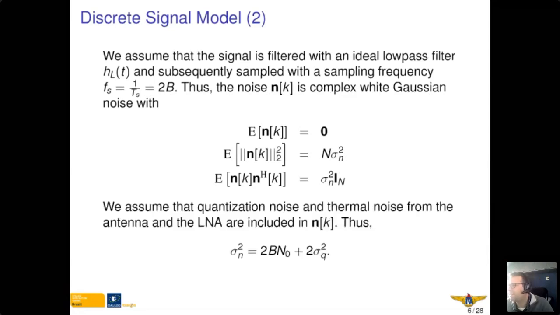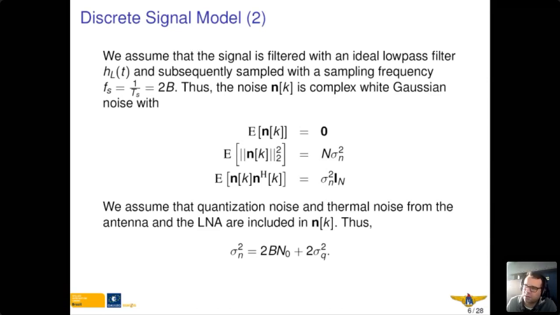We assume that the quantization noise and thermal noise from the antenna and the LNA are included in this noise variance. So we can have here the variance of the quantization noise. Be careful with quantization. If you have more than 4, 5, 6 bits, this noise can be assumed to be complex Gaussian. So it's simply an addition to the white Gaussian noise. This is what we assume here.